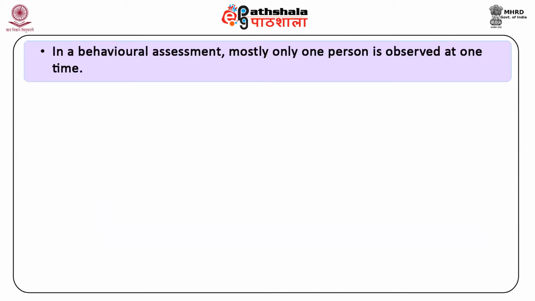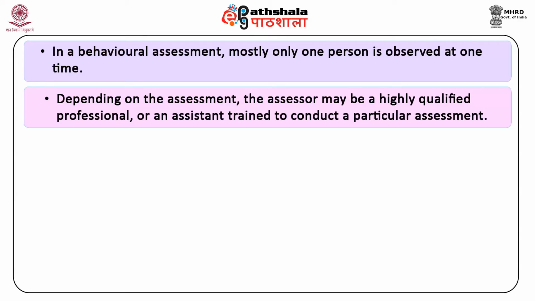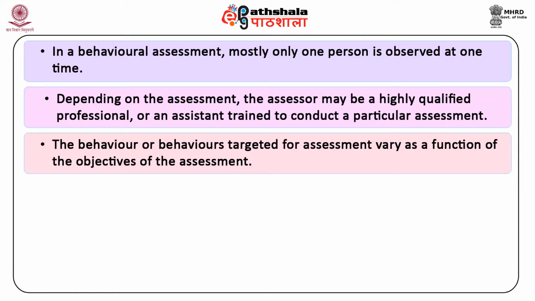In a behavioral assessment, mostly only one person is observed at one time. Depending on the assessment, the assessor may be a highly qualified professional or an assistant trained to conduct a particular assessment. The behavior or behaviors targeted for assessment vary as a function of the objectives of the assessment.